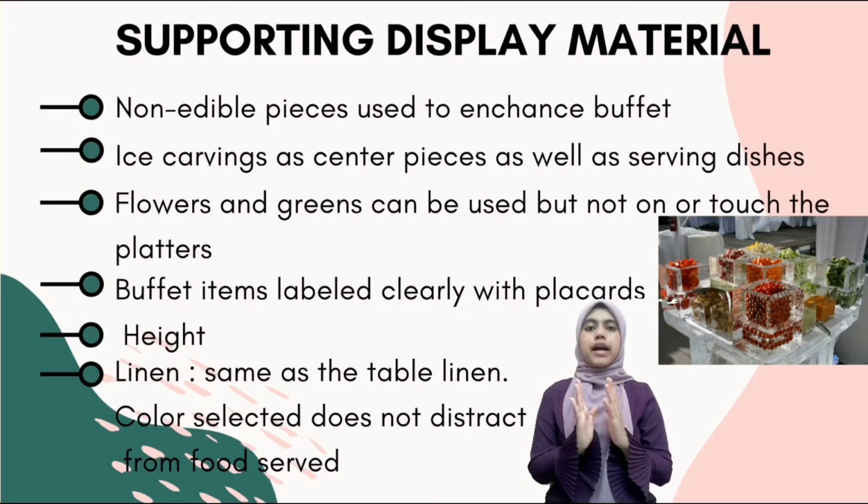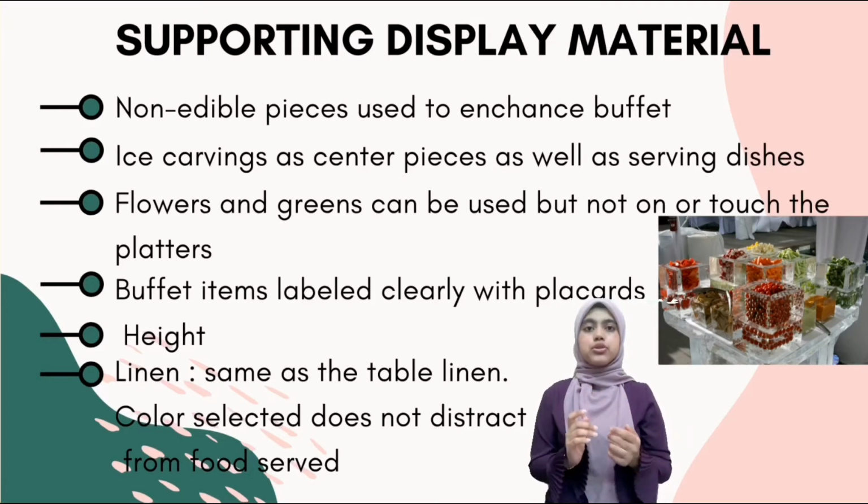Buffet items must be clearly labeled with placards. The final aspect of the supporting materials is height, such as using a wooden box or bulk milk cart covered with linen. The table can use additional height dimensions.